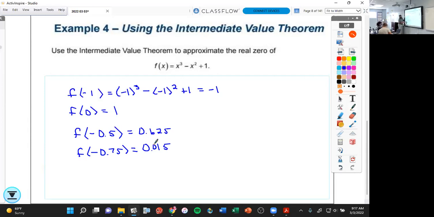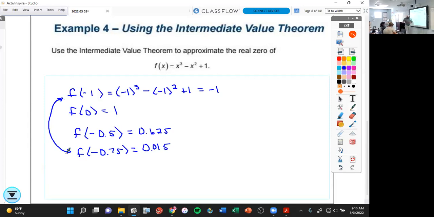But now notice that there's a 0 between these two numbers, right? It's between -0.75 and -1. So that just allows us to get closer and closer and closer. We know that -0.75 is pretty close. Now we might want to try maybe -0.8 or maybe -0.9.